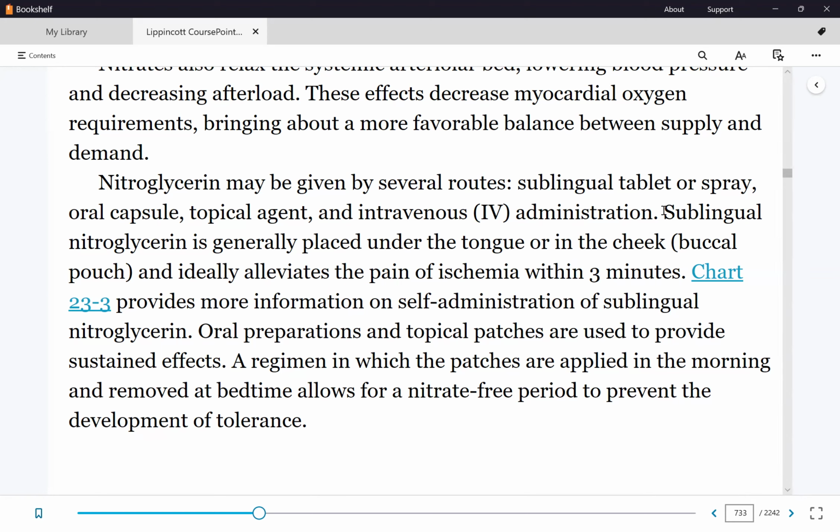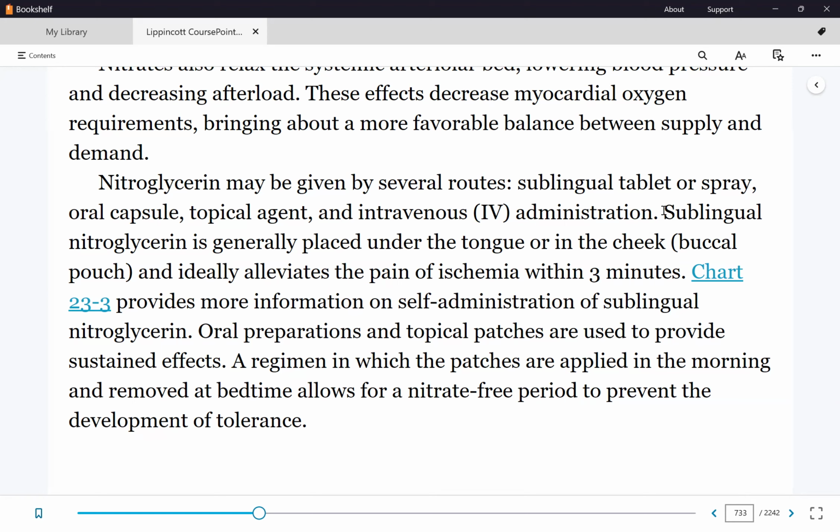Keep in mind here for sublingual nitro, where do you put it? Under the tongue. Can they swallow it? No. It will not work if swallowed. The drug is designed for sublingual absorption, through the blood vessels in your mouth. Now, think about it, when there is chest pain, there's sympathetic stimulation, correct?